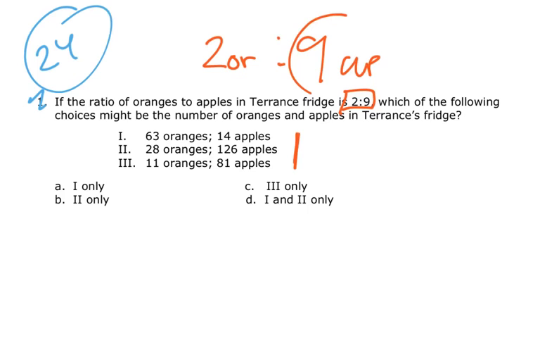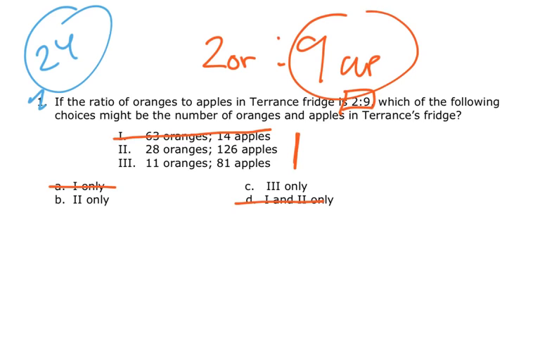There are always going to be more apples no matter what you multiply by. So right away, I know that I could never be correct just because there are more oranges there. That means that I get to cross off answer choice A and answer choice D, which is real nice.